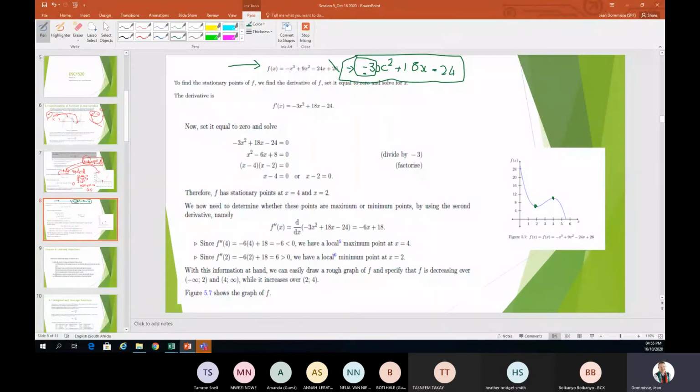So minus 3x to the power of 2 divided by minus 3 gives you x to the power of 2. 18 divided by minus 3 gives you minus 6. And for x, minus 24 divided by minus 3 gives you positive 8. Okay, so that now is the formula that I have differentiated and made a bit simpler for myself to work with. We still need to solve x.